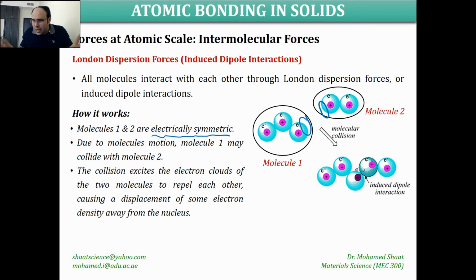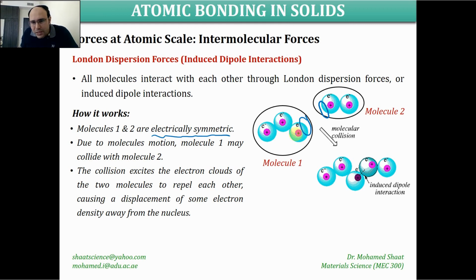But in the ideal case, while these two molecules are apart from each other, there is no forces in that case. The force is zero almost. Unless they're gonna come very close to each other or even hit or collide to each other. So what's gonna happen, as I mentioned, these electrons over this side will be pushed, will be repelled on the other side, where they're gonna move to the other side, back beyond or behind the nucleus itself, because of the similarity in the charges with the electrons of the negative charge of the other molecule.